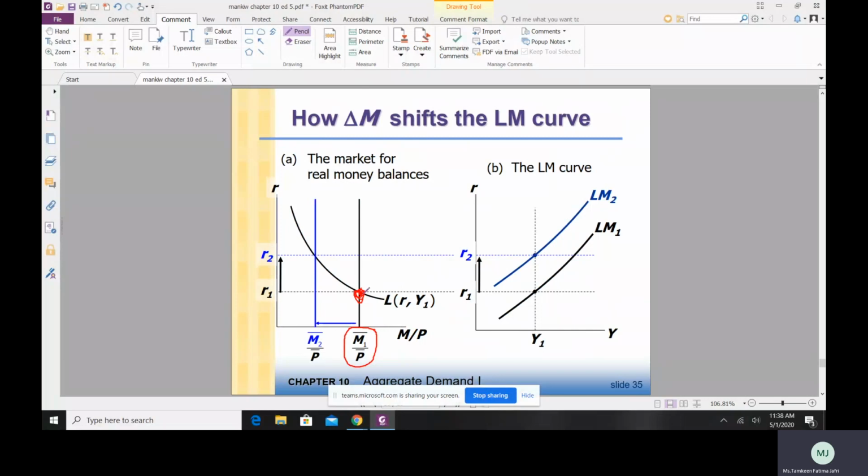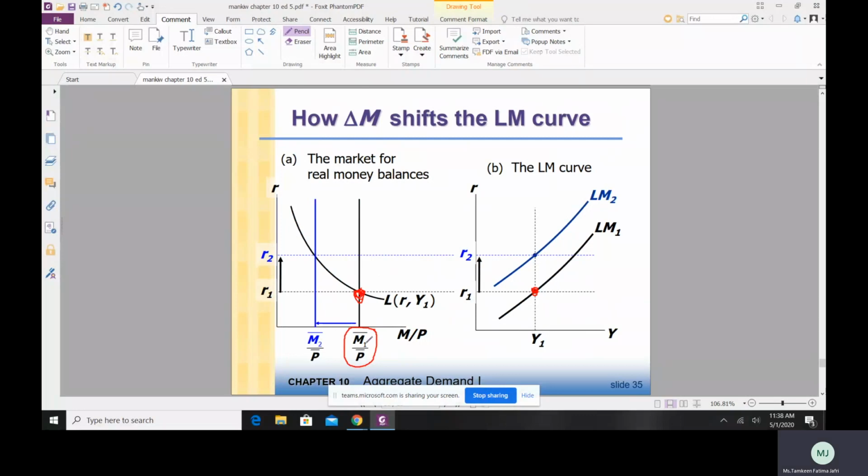So what I'm saying, this point corresponds to this point here on the LM curve. मैं कह रही हूँ कि जब interest rate R1 है, तो output level is equal to Y1. Now let's suppose there's a decrease in money supply.